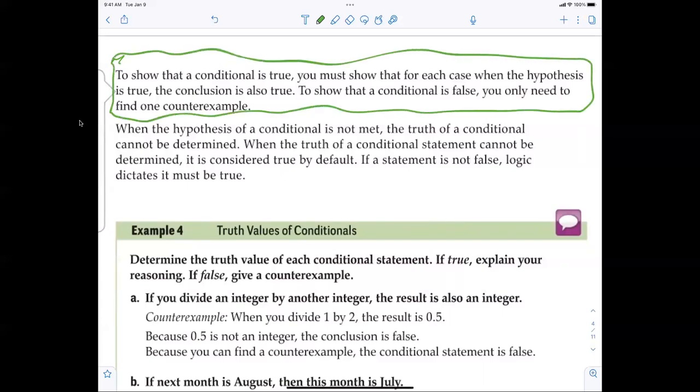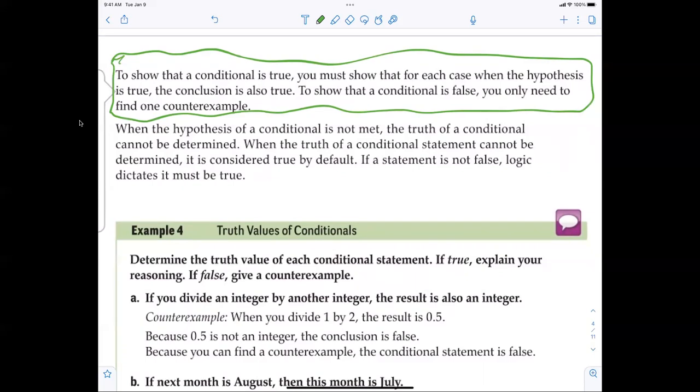Now, the next part, I had no clue who's making this stuff up. Did I make the rules? I don't make the rules. This is called logic. I don't know why it's this way. It doesn't make sense to me. But the next sentence you need to listen to and see if it makes sense.